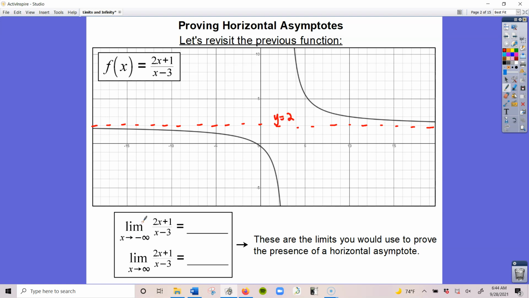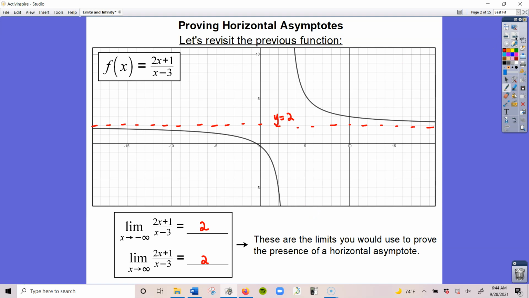If I were to try to find the limit as x is approaching negative infinity, which is the left side of my graph, this equals 2. And the limit as x is approaching positive infinity of f(x) on the right side also equals 2. So these are the limits that we would use to prove that there's a horizontal asymptote.